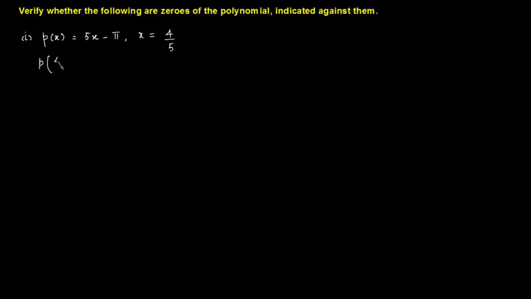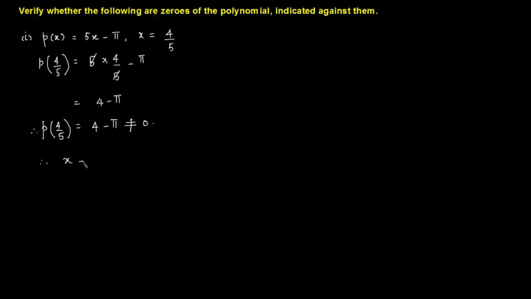So what is p of 4 by 5? In place of x, you are supposed to substitute the value 4 by 5. So 5 into 4 by 5 minus pi. So you can see that the 5 and the 5 will get cancelled, leaving you with 4 minus pi. So therefore, p of 4 by 5 is equal to 4 minus pi, and this is not equal to 0.